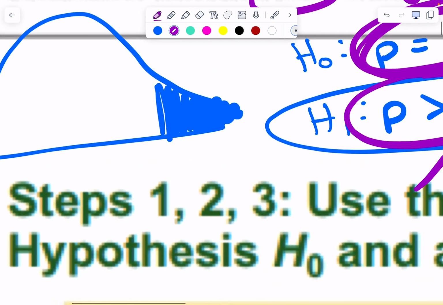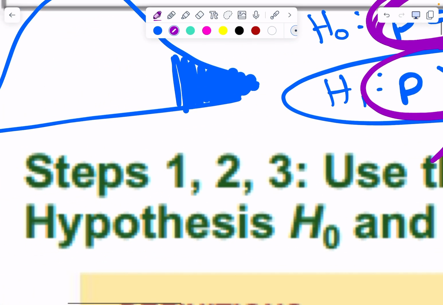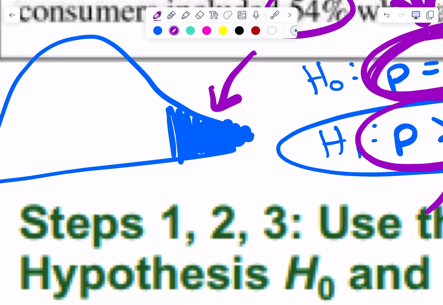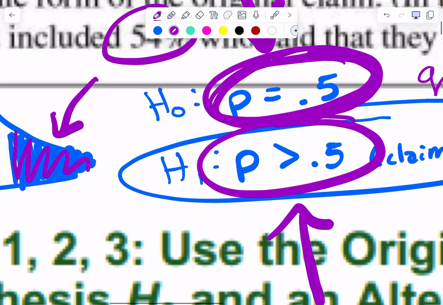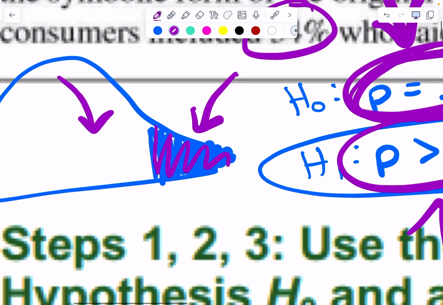If your number is greater than 50%, it lives in this significant region, is considered significantly larger than 50%, and this is where greater-than lives. If our z-score lands in here, we're going to conclude that it's equal to 50%. 54% is not high enough to say it's significantly larger than 50% to be a majority. Make sense?